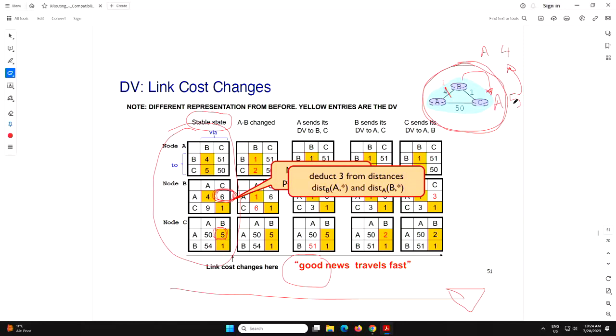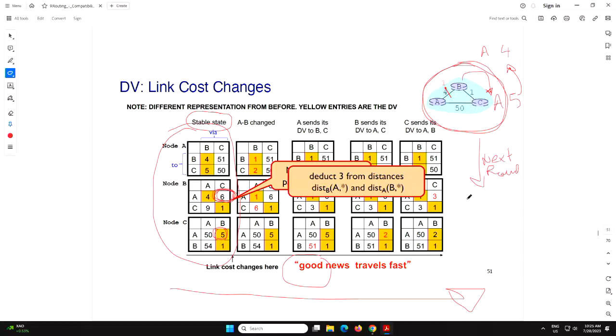Okay, now we go to the next round of exchanges, right? Remember, every 30 seconds everyone has to exchange their information with the neighbors. So in the next round, B had A4 and C has received from B, so C has A5.